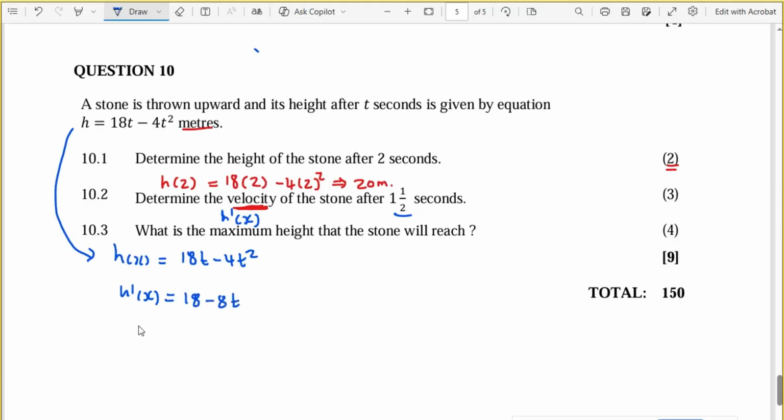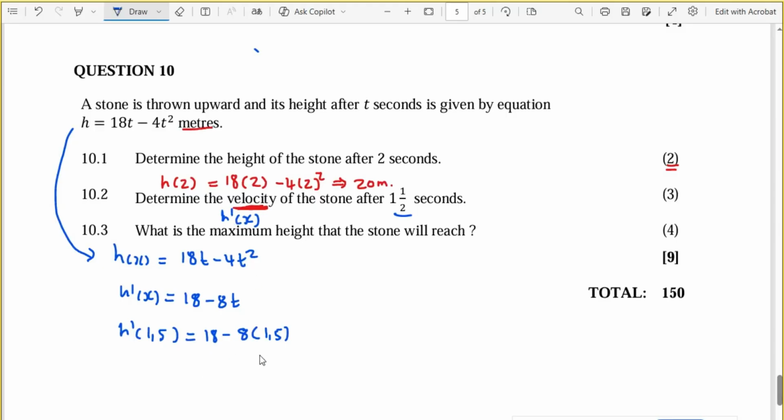And then we need to find h prime at 1.5 seconds. So this will be 18 minus 8 into 1.5. Easy. The most important thing, when you see the word velocity, find the first derivative.